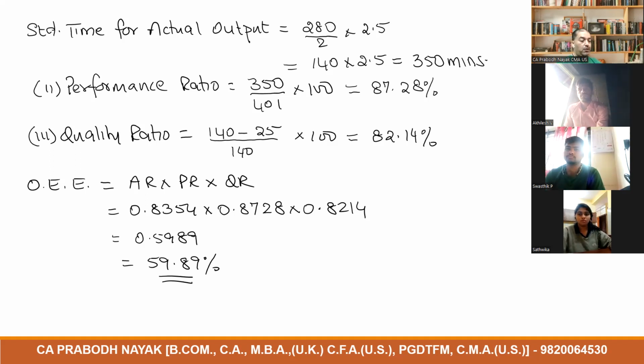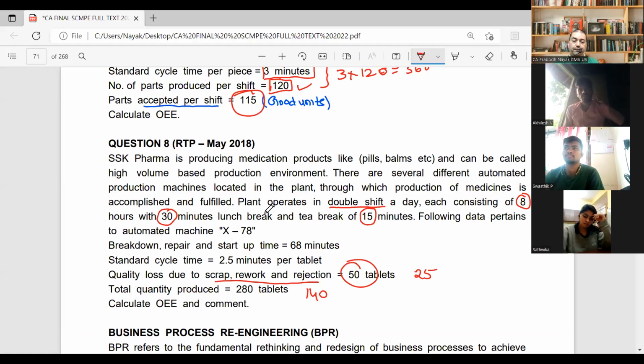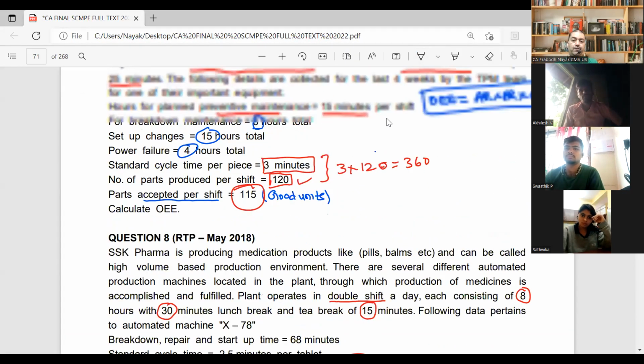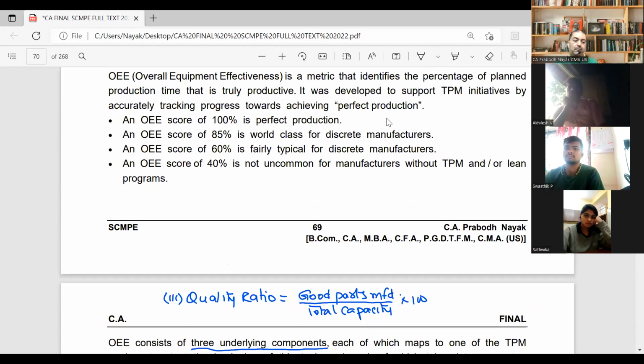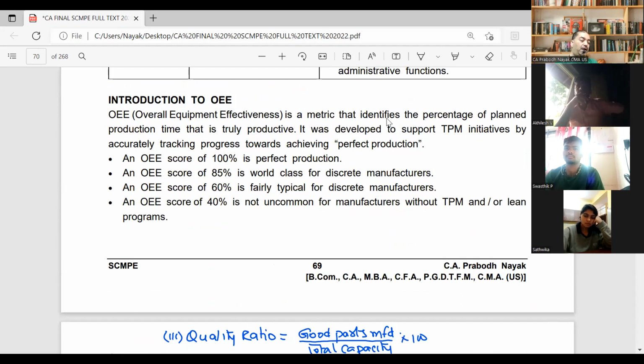Let us see. We'll go back to the standard ratios given, and what is their interpretation. 59.89% is around 60%, you can say.